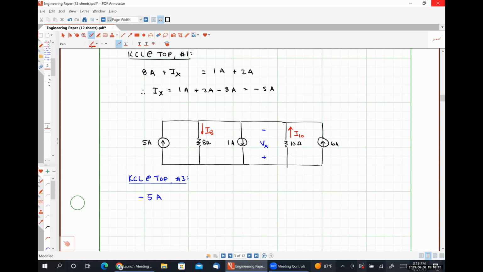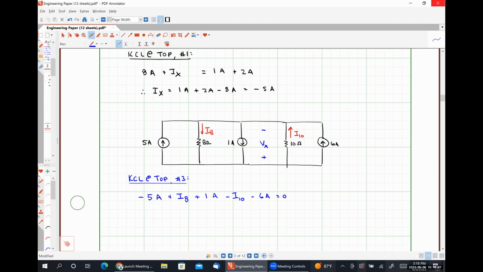All right. So I8 is exiting the top node, so it's going to get a positive sign. 1 amp is exiting the top node, so it is going to get a positive sign. I10 is entering the top node, so it gets a negative sign. And 6 amps is entering the top node, so it gets a negative sign.